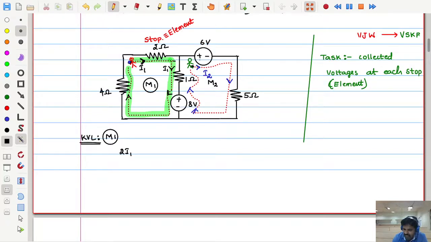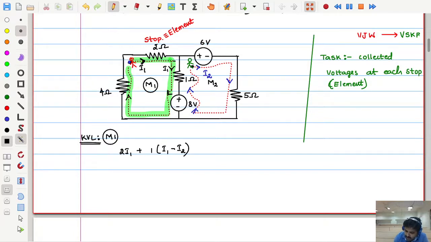You are the Padma Shri. So now, see here, in the second case, the voltage across 1 ohm, I can write as 1 ohm into my current minus your current.